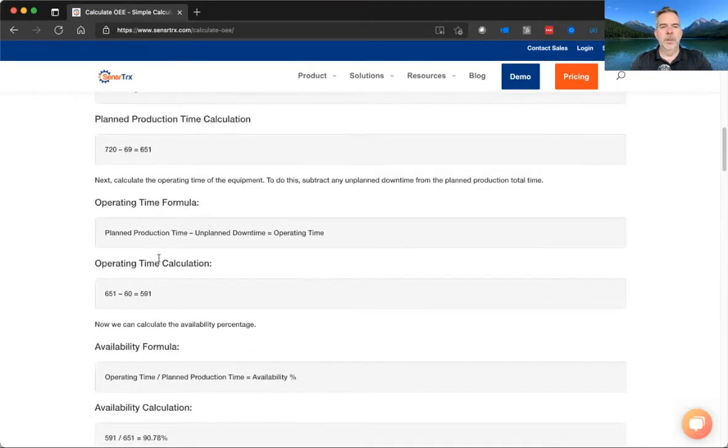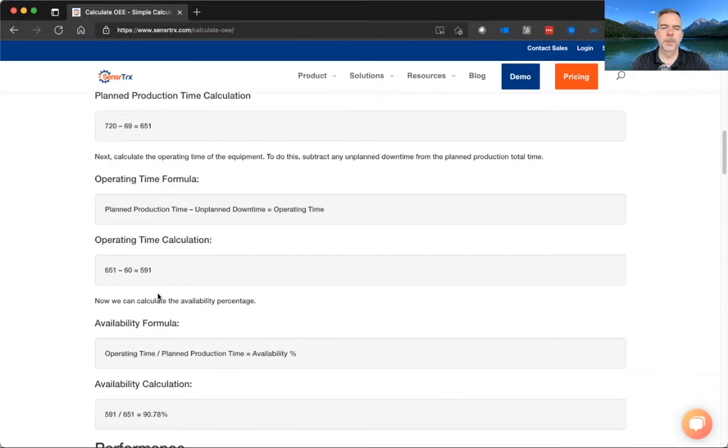So now let's look at that. So planned production time minus unplanned downtime equals operating time. So 651 minus 60 equals 591. Okay, so the values change because I was messing around with planned downtime as well. So we ended up with 651, which is used here, and then minus 60, 591.